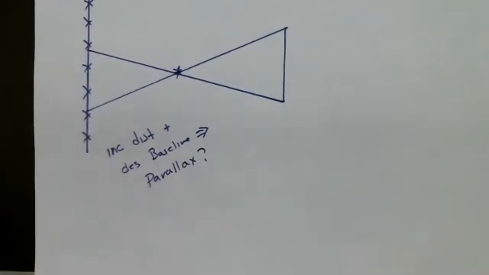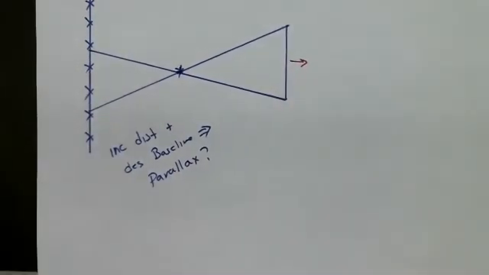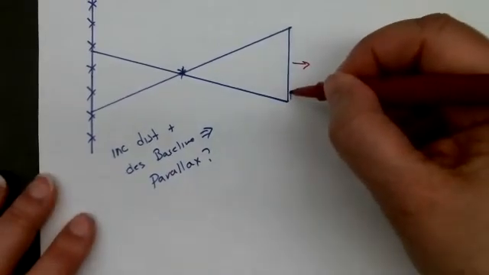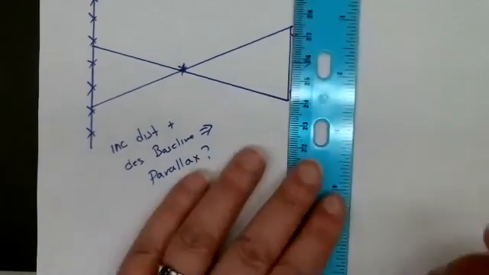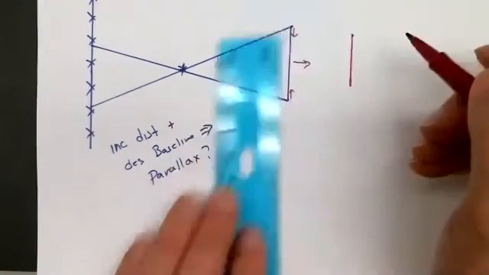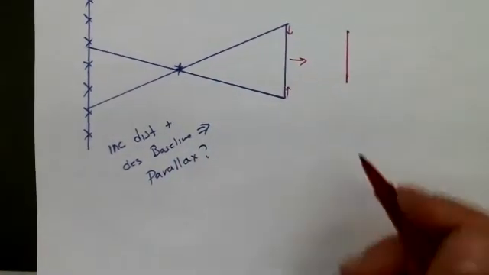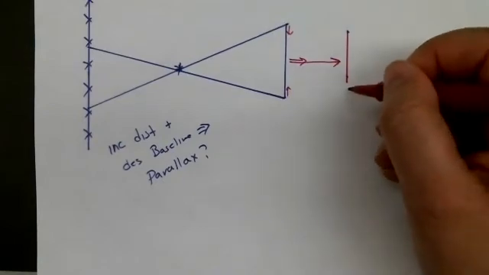All right, if we're going to increase the distance, we need to go this way. And if we're going to decrease the baseline, this line has to be shorter. There. We've increased the distance and we've made the baseline smaller.